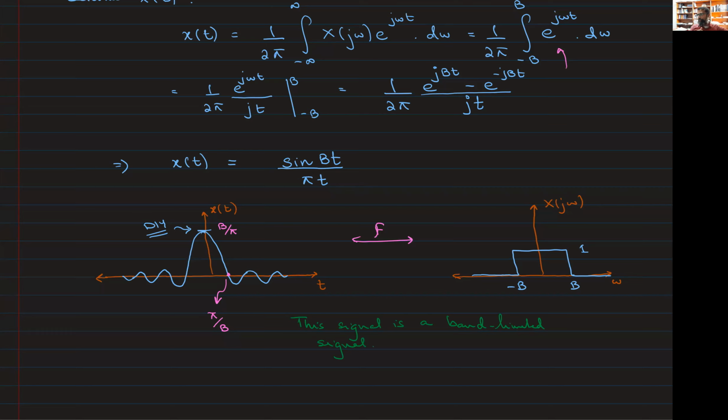Ibrahim, did you have a question? No sir, that was from before. So what do I mean by the fact that this is a band limited signal? Sir, only limited frequencies contribute to it. Right, it's a limited frequency. The frequency content is only limited between minus B and plus B radians per second, right? And outside of this band, it's always zero, right? So that's why it's called a band limited signal.